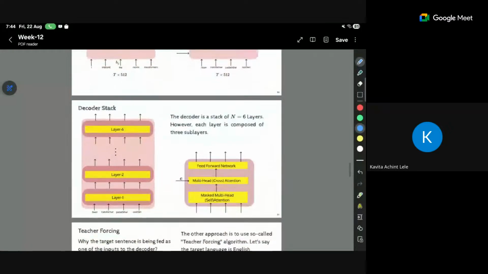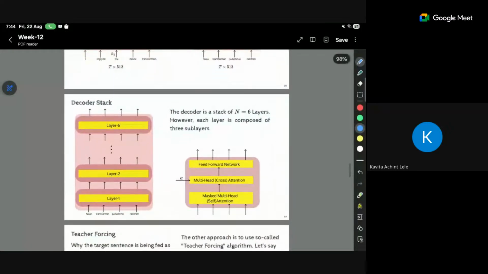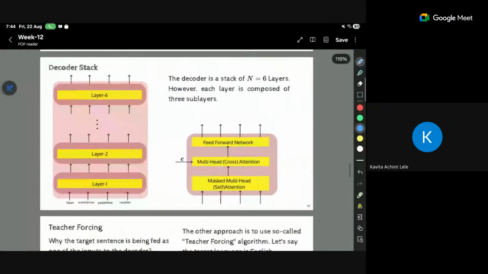Okay. So in decoder layer, we have again the same thing, but we have two different components. One is masked multi-head self-attention, another is multi-head cross-attention, right? So self-attention is the same thing. The cross-attention is something maybe new coming up, and feed-forward neural network is what we have already looked at, right?